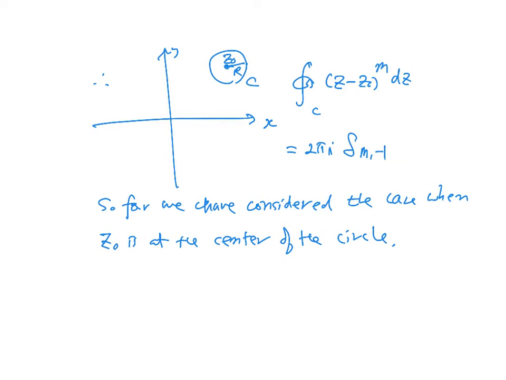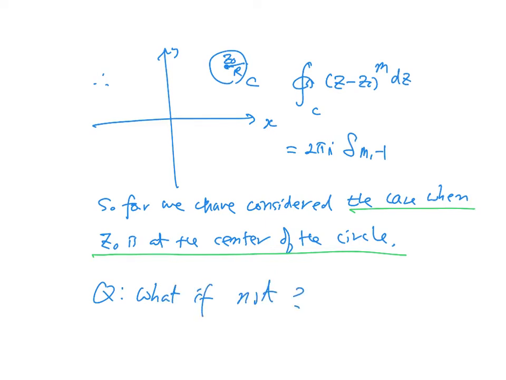So let's consider another case. It's the case when z naught is not at the center of the circle. So the question is, what if not the case? So I'm going to consider another case.